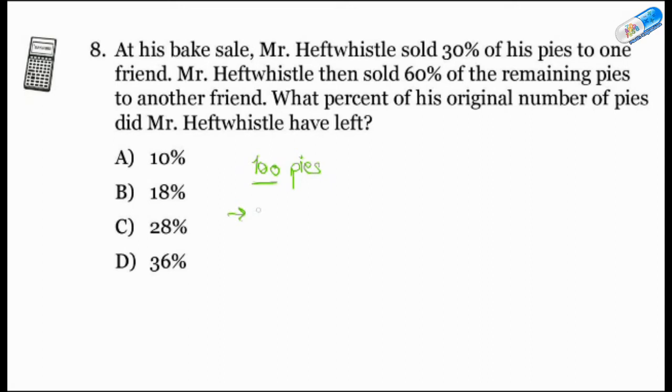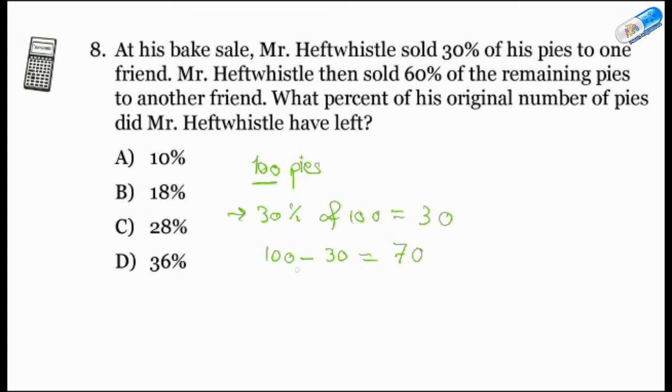So this means that 30% of 100 is 30. This is what he sold to his first friend. After that, he has 100 minus 30, so he has 70 pies remaining.